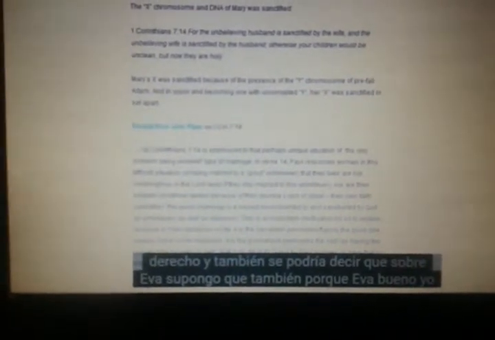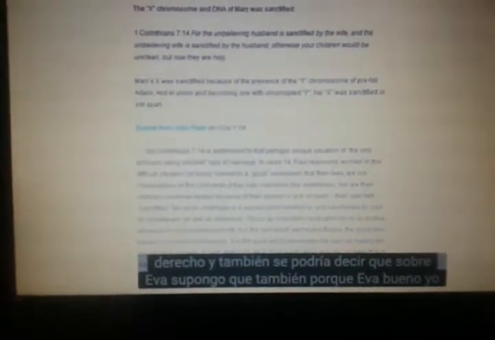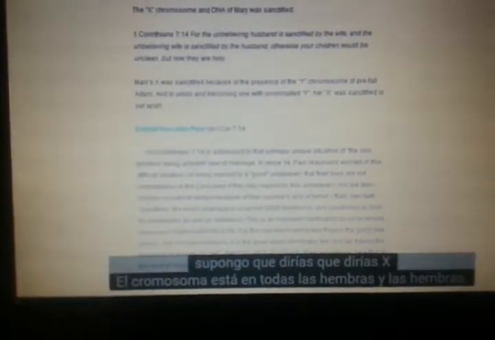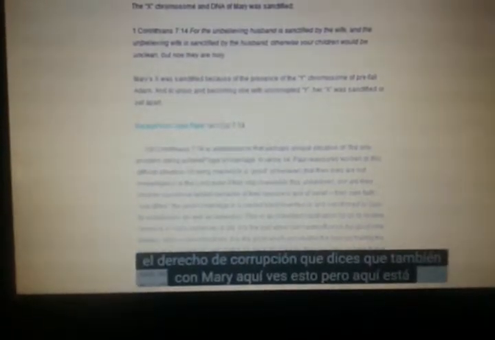And you could say that about Eve as well, because the X chromosome is in all females, and females derived from Adam, so they also have the corruption, right? You say that also with Mary. But here's actually the answer.